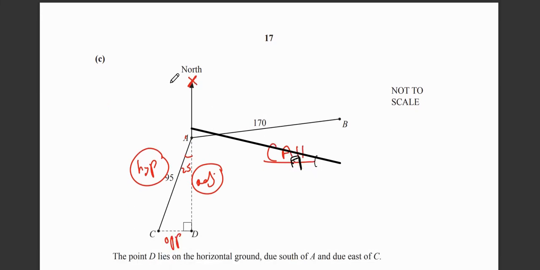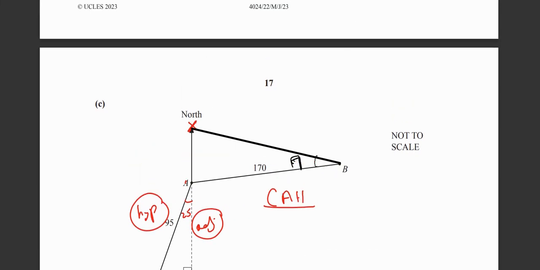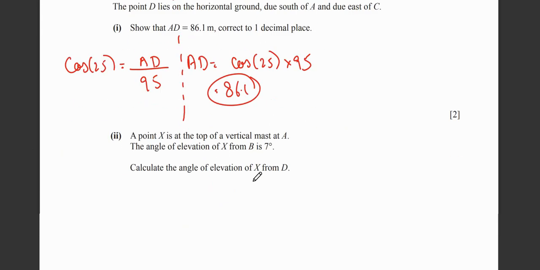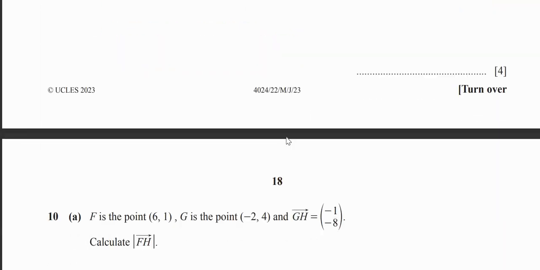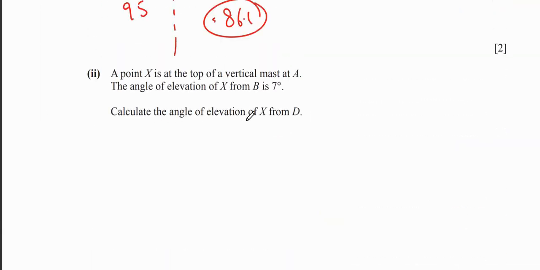So now we need to draw this diagram, what it means. So I'm going to draw it down over there and try to explain to you what the question is trying to say. Calculate the angle of X from D. So the question has shown you this diagram.